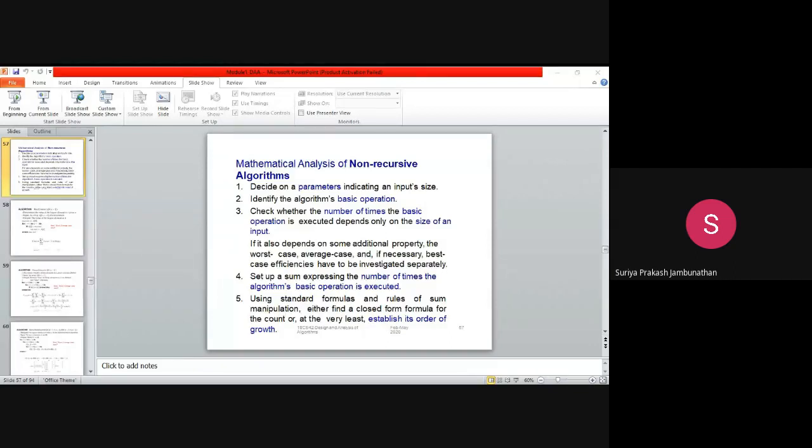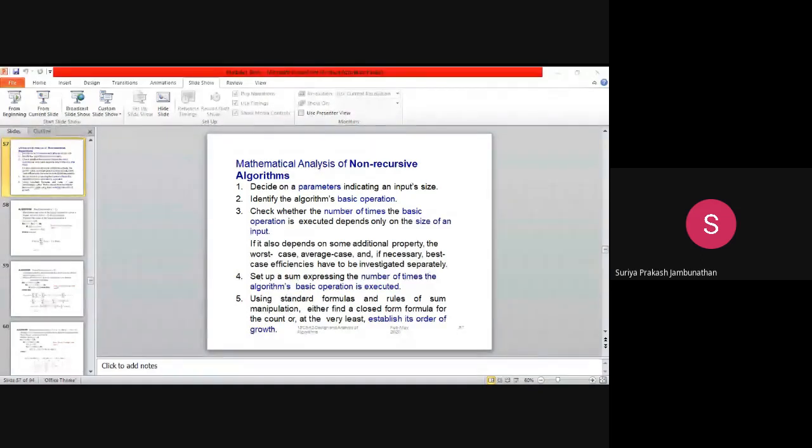Next to that, check whether the number of times the basic operation is executed depends only on the size of the input. So here, how many times the basic operation will be executed depends on the size of the input. For example, I want to find the multiplication of two different numbers.